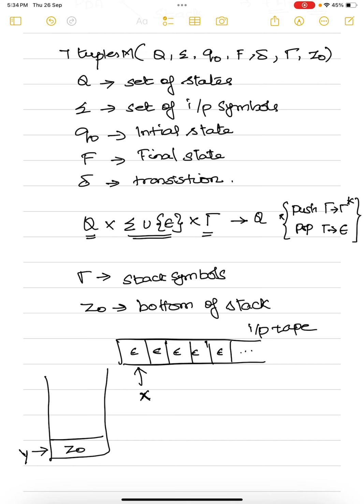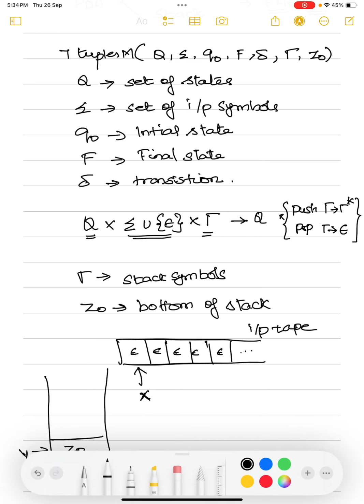Now coming to the transition. While making a transition, we look into the current state and whatever is there in the input tape, which is referred to here as sigma union epsilon.